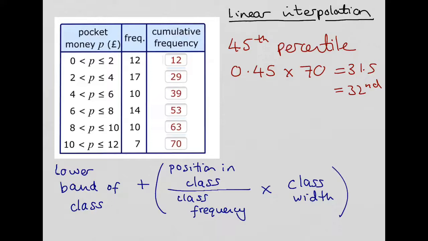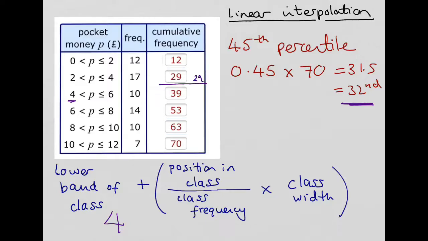12 people in there, 29 in there. So again, the 32nd person is going to be in that same group as before. So the lower bound is going to be the same, 4. I am after the 32nd person, and this group starts at 29.